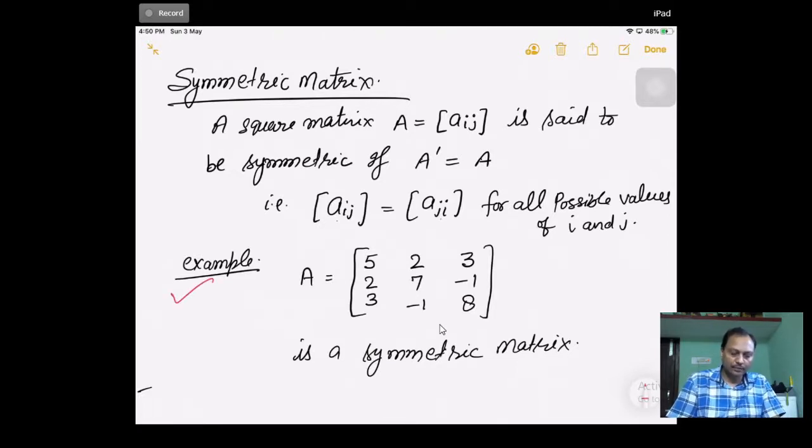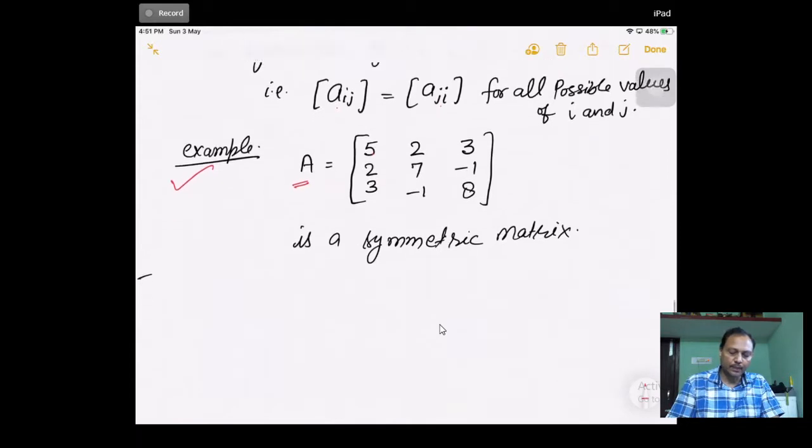Let a matrix A be here. The elements of A are 5, 2, 3 in the first row, in the second row 2, 7, minus 1, in the third row 3, minus 1, 8. Now this is a symmetric matrix. How is it symmetric? We can check by obtaining the transpose of this matrix. In the transpose, the first row behaves like the first column.